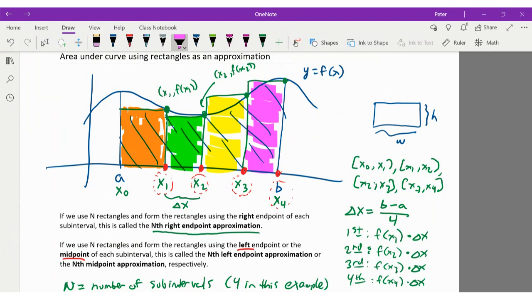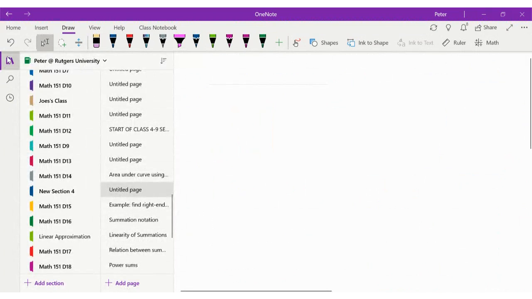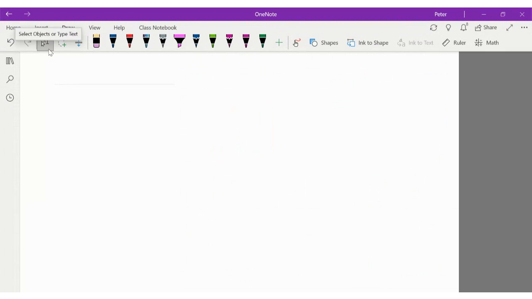Okay. So let me just go to, I just want to draw the same picture with left and midpoint approximations.